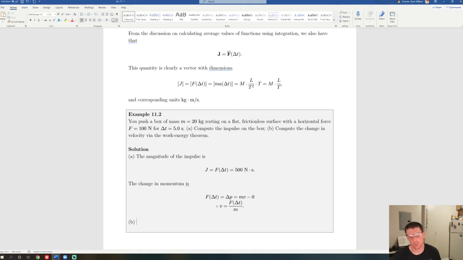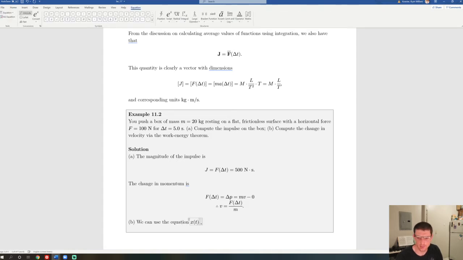Now, for this part, we have to calculate something. We have to do an intermediate step, and we can use the equation x of t equals x naught plus v naught t plus 1/2 a t squared, right?